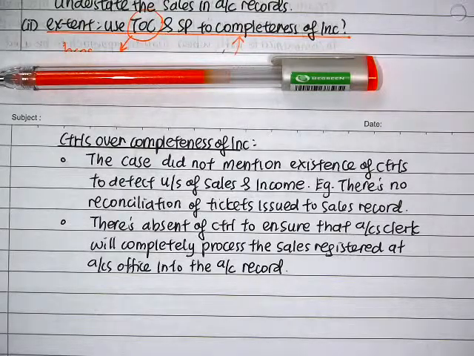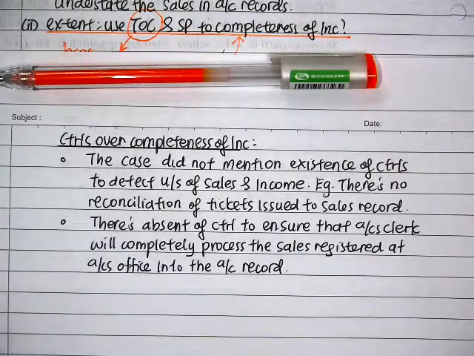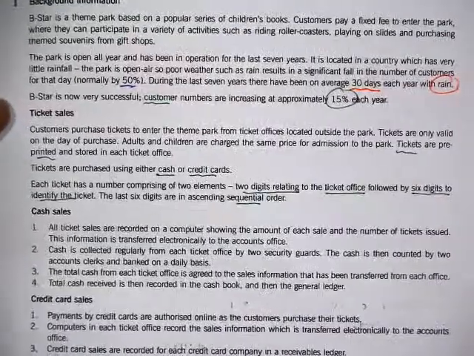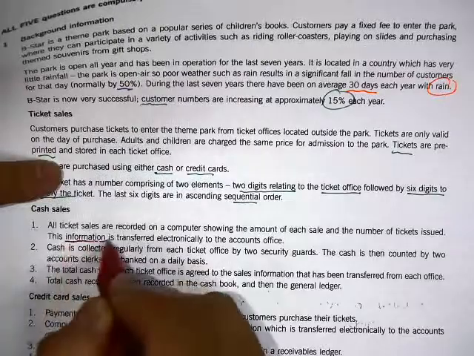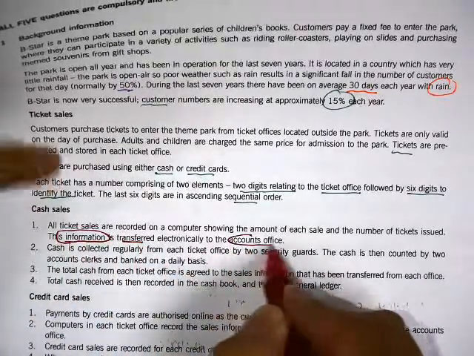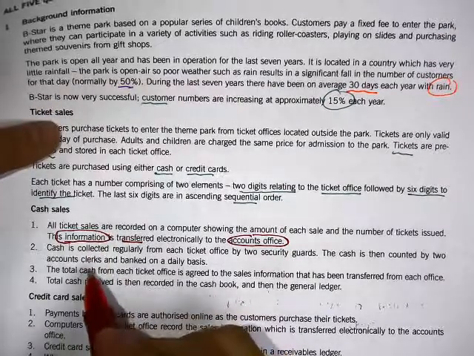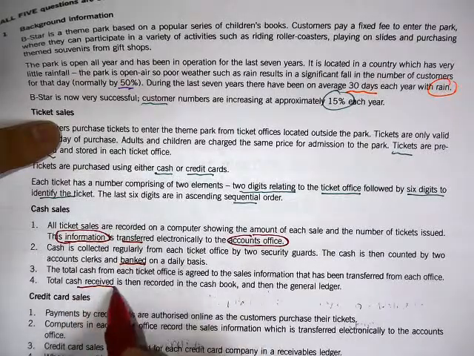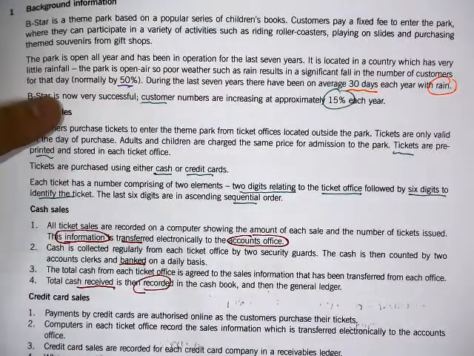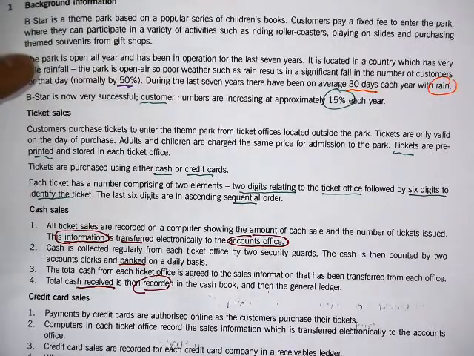Because if you read carefully again, what we read from the case study just now is they mention to us that information is transferred to the office unit. And then after that, they bank in the money. Whatever they receive, then they record. Okay? Now, this is what they do. Don't you find that actually this thing is quite stupid?